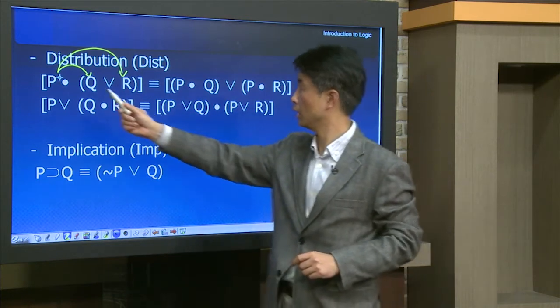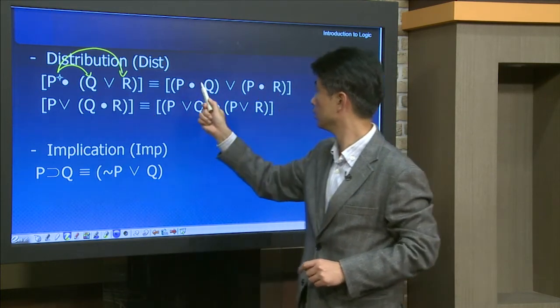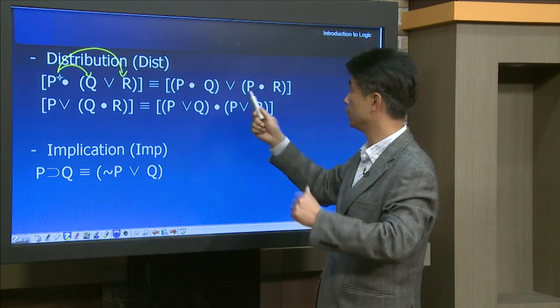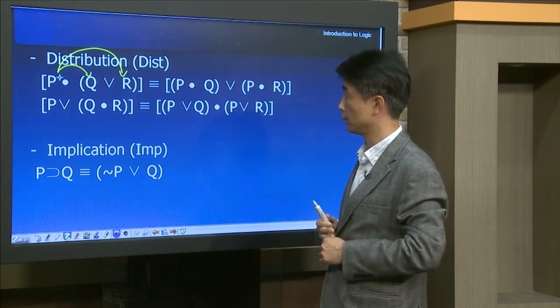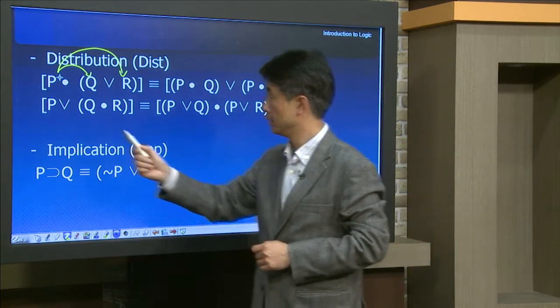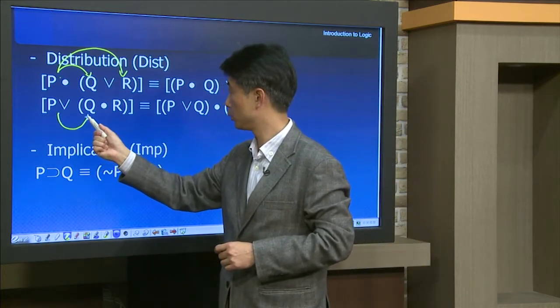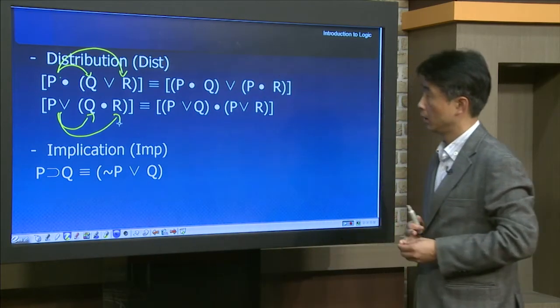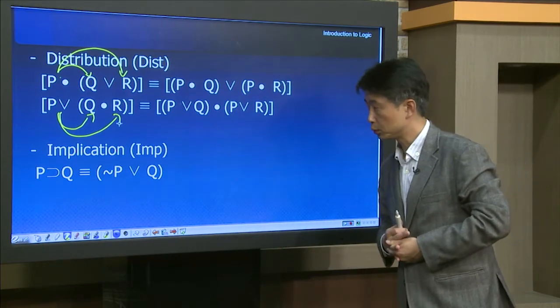You distribute the and sign, and basically it becomes a wedge statement. Here again, you distribute P to Q and P to R. That's called the distribution rule.